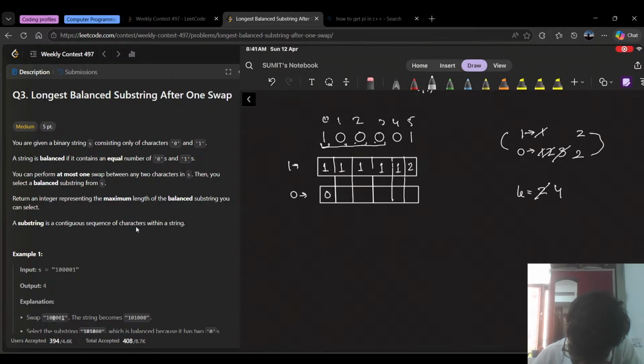For zeros, here it's 0, here it's 1, 2, 3, 4, and it's 4. Now I have just calculated it.